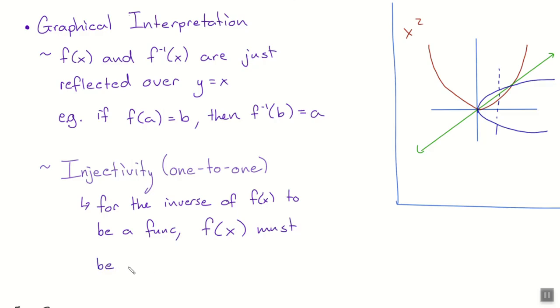Now, I'm going to write injective because that's the real formal language, but here's the deal. You can write one-to-one, and realistically, I'll normally use one-to-one. I just wanted you guys to know the word injective. When I actually draw it, I just draw a little TIE fighter. One-to-one, 1-1. Okay, for the inverse of f to be a function, f of x must be one-to-one.